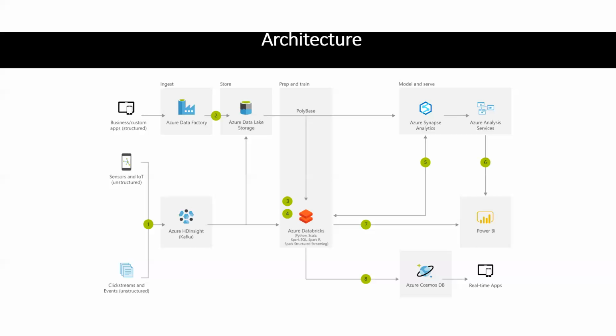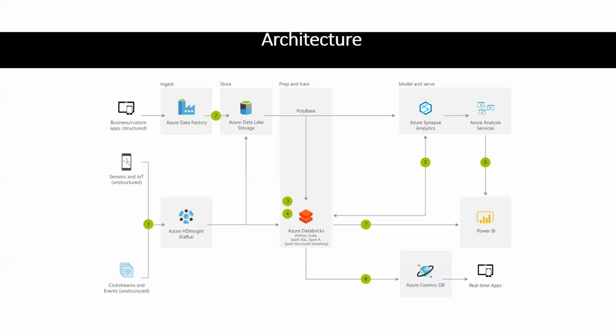So if you see in the diagram, first we bring the streaming, unstructured data to Kafka and structured data to Data Factory. From there, we load the data into the data lake, and with Databricks, we can use PolyBase to load into Synapse. We can ingest data using Azure Databricks and load it into Synapse. And using Azure Analysis Services, we can build analytical dashboards and embedded reports on top of Azure Data Warehouse.